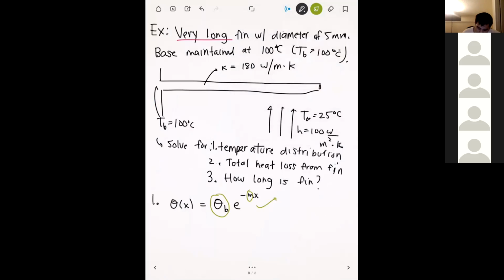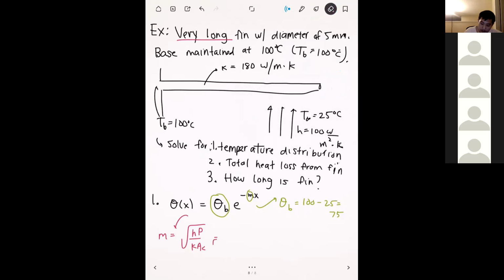Theta b is simple. Remember, theta b is just the temperature difference at the base of the fin. Since the base is maintained at 100 degrees C, theta b is 100 minus the fluid temperature, which is 25, so theta b is 75. Then for m, we plug in all the parameters: m is the square root of hP over kAc.